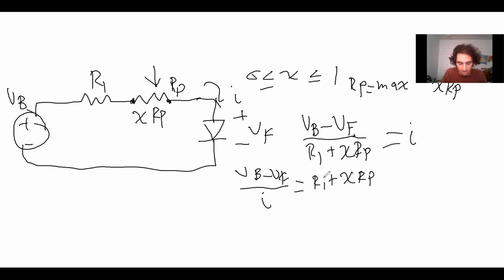Now let's solve for X to see how far we need to turn it so that I is still 20 milliamps.